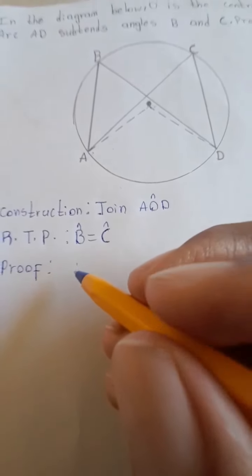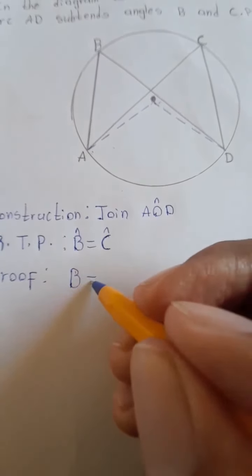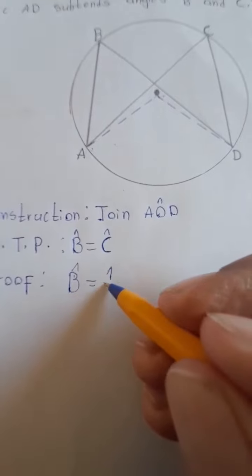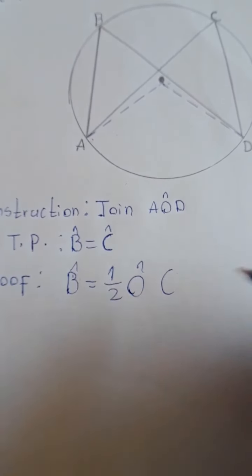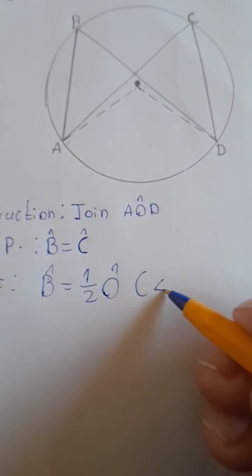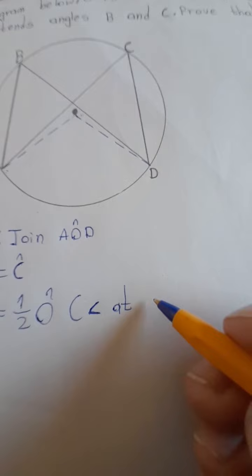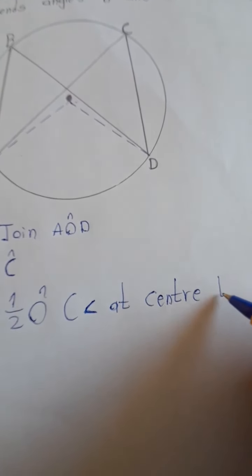In this theorem, we will say angle B is half angle O. Why is that? Because of the angle at center theorem.